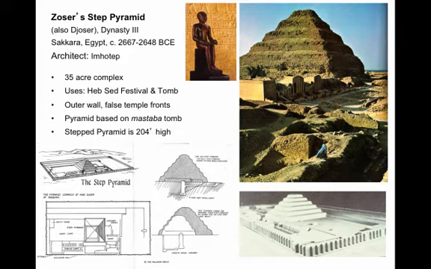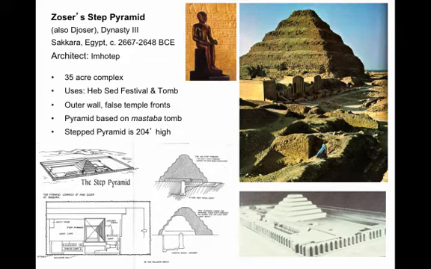So one of the uses of the pyramid is that it brings down Ka energy, which is the sky energy, to animate and enrich our lives. So the pyramid is a vehicle for doing that, but the pharaoh is also. So the pharaoh receives this energy from the heavens and then enriches all of us. So if the pharaoh is not well, we're not well.